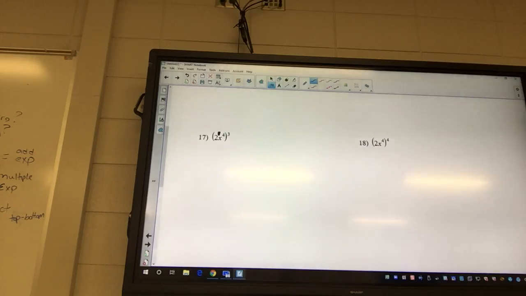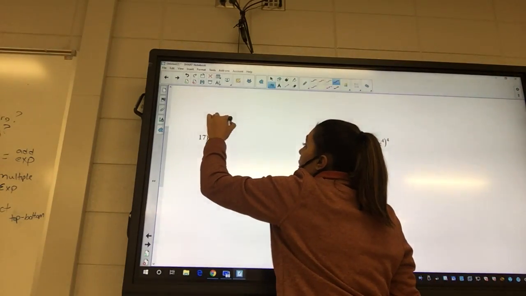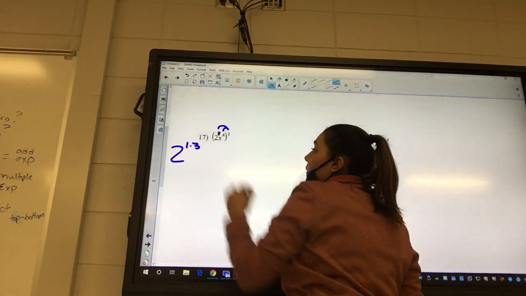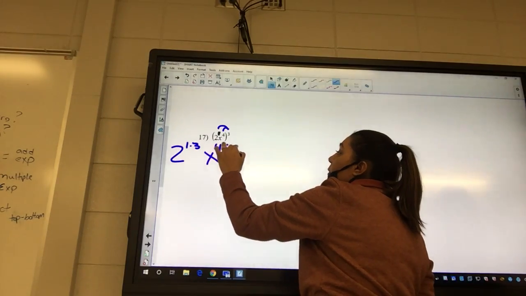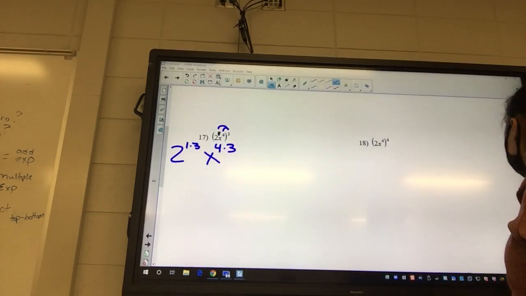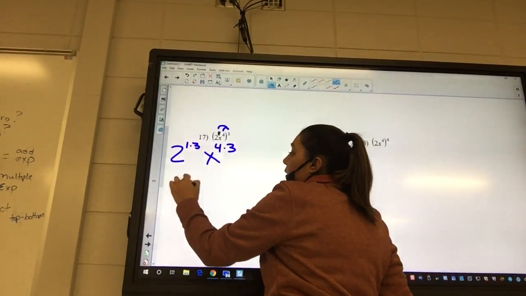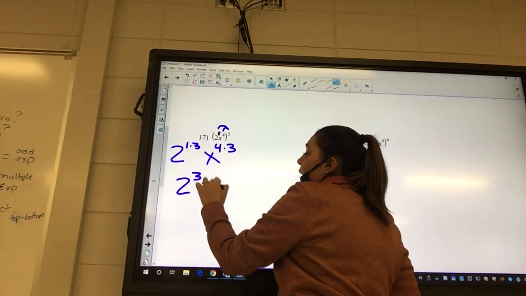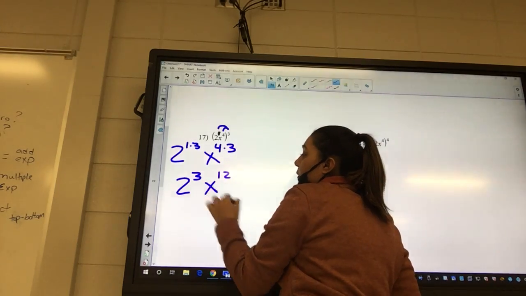It's still a power rule, so we need to multiply the exponents. So you're going to go to each one, so it's going to be 2 to the 1 times 3, x to the 4 times 3. Okay, so what is 1 times 3? 3. x to the 4 times 3 is 12.